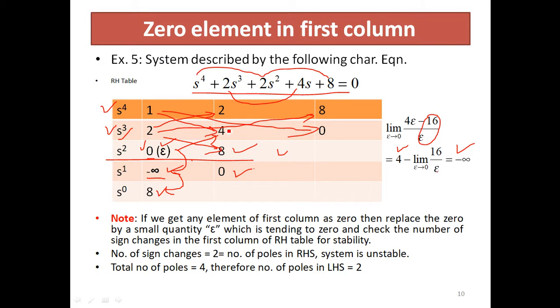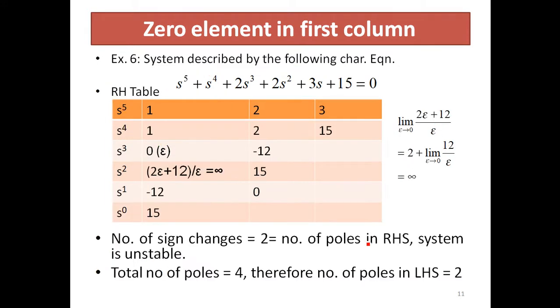If you are asked about the number of poles lying in the LHS of the S-plane, the total number of poles of the characteristic equation is 4. 2 are lying in the RHS, therefore the remaining 2 would be in the LHS. Now consider another example.